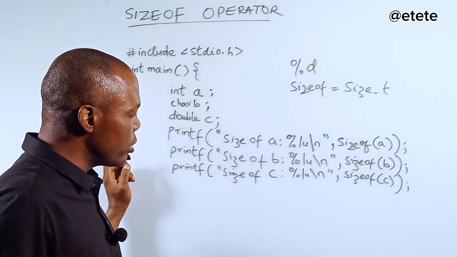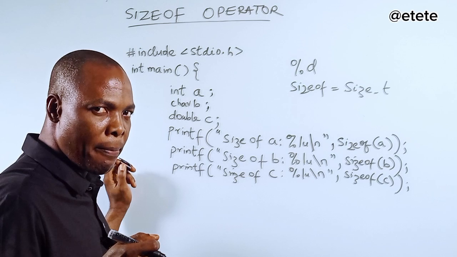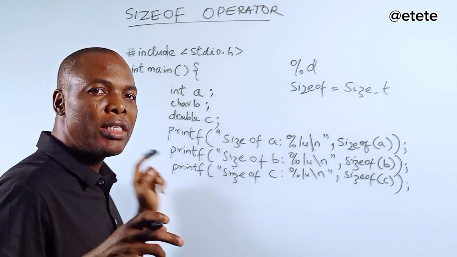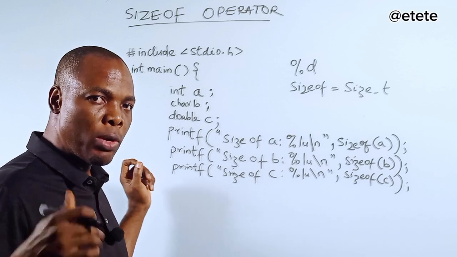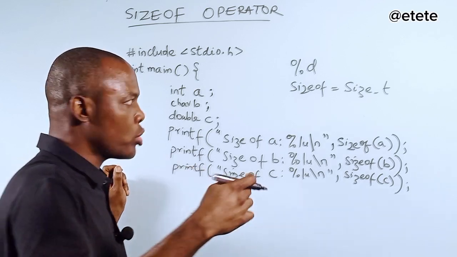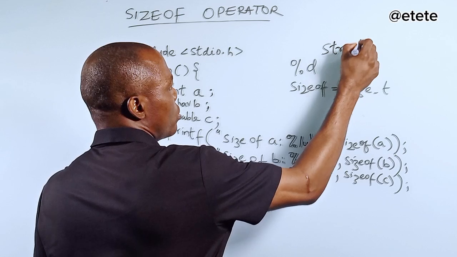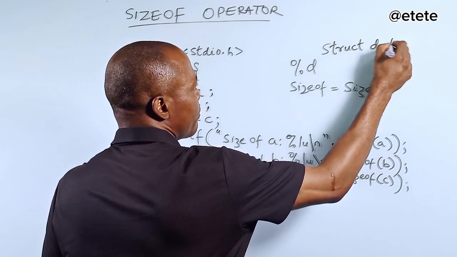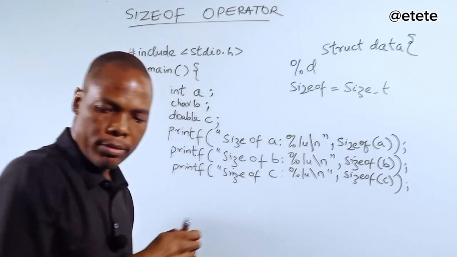Then I can equally do something here too. I can introduce another data type. It is a derived data type, which I'm going to teach you when we get to it. It is what? Structure. So struct data, right? I'm going to do this.